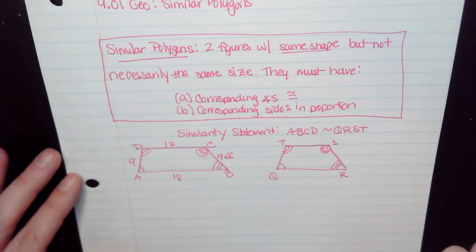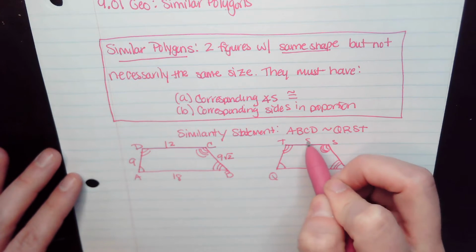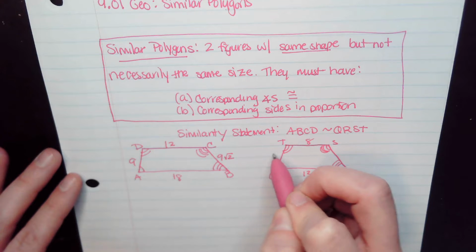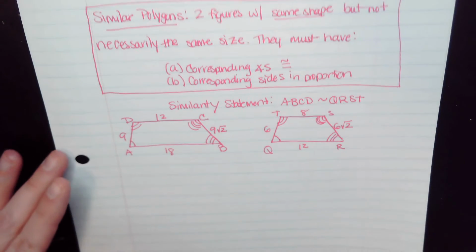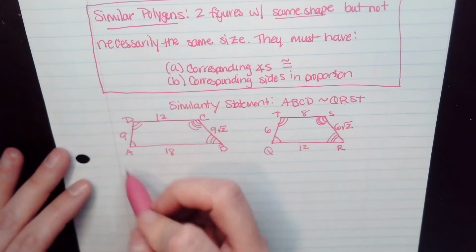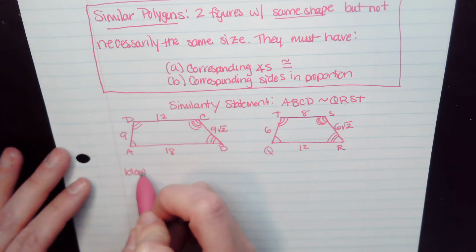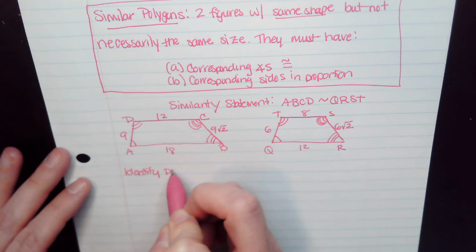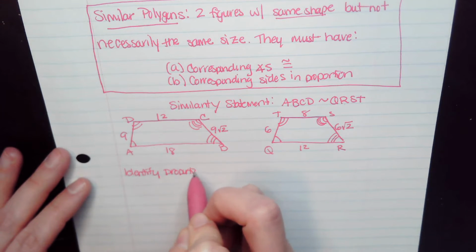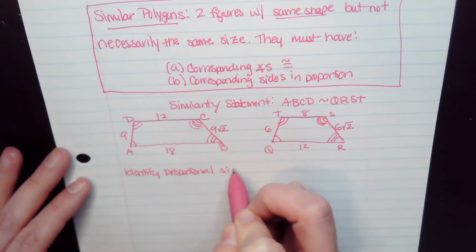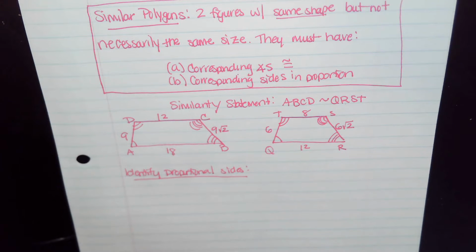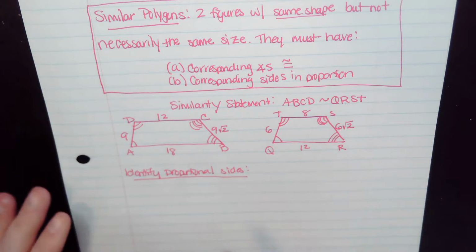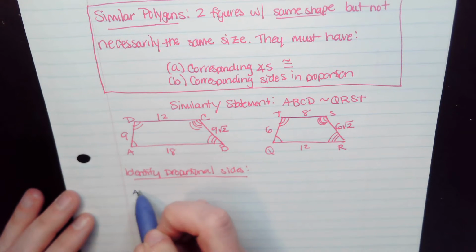That one's going to be 9 rad 2. This one will be 8, 12, 6, and 6 rad 2. So let's identify all of your proportional sides. All right, so for the first pair, let's take AD.